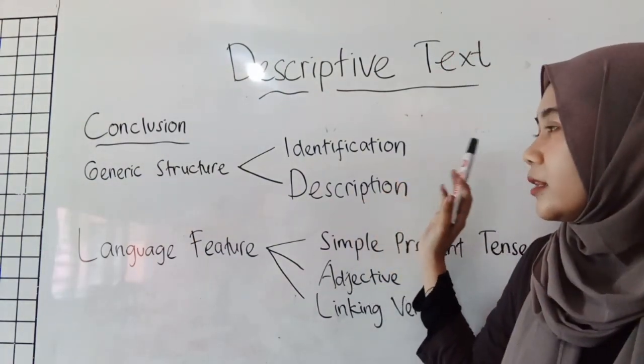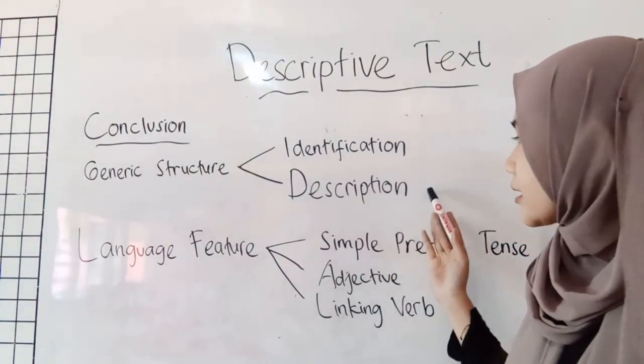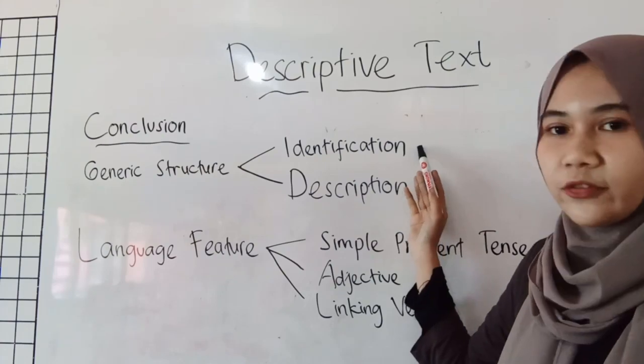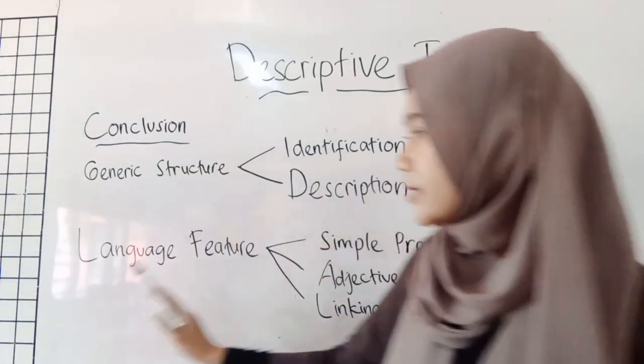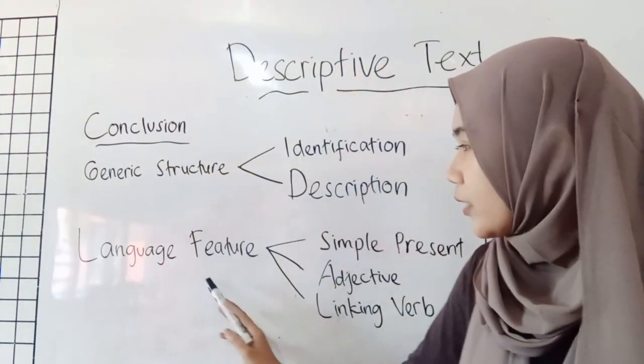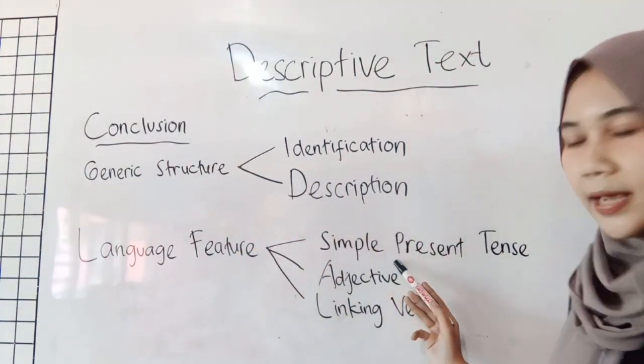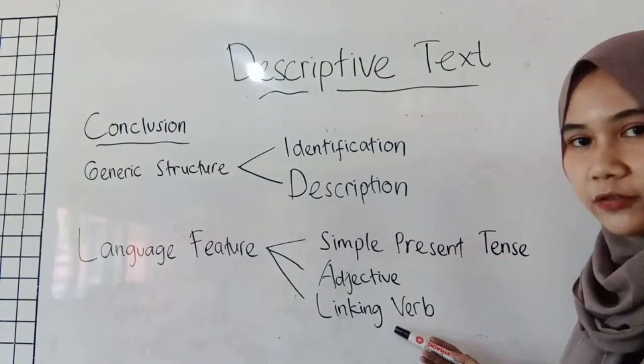Identification is usually in the first paragraph, and description aims to support the text in the identification. Next, language features. Language features in descriptive text consist of simple present tense, adjectives, and linking verbs.